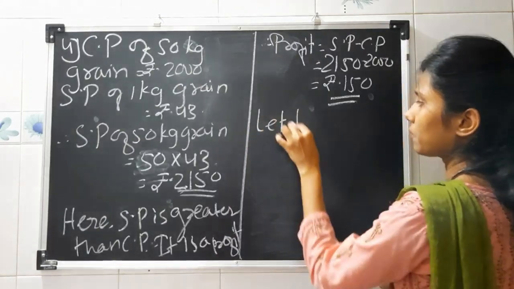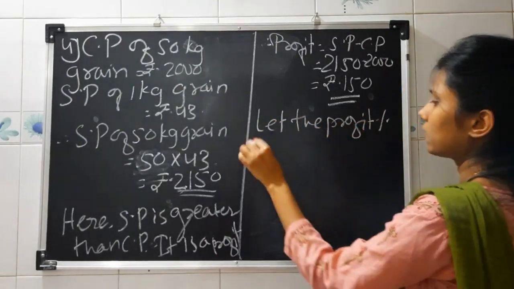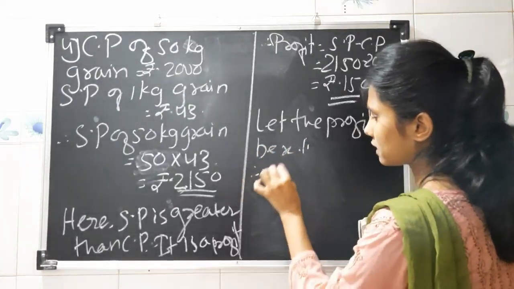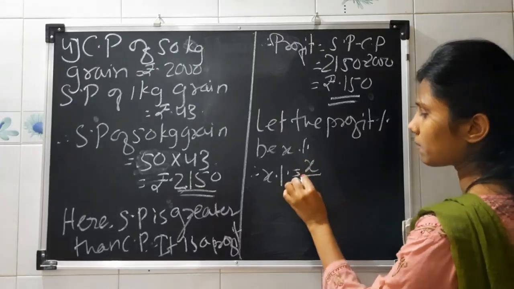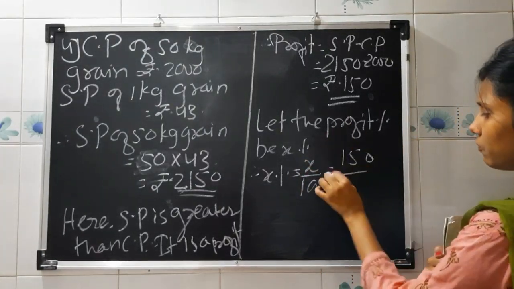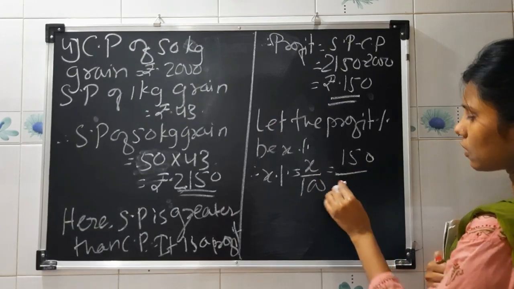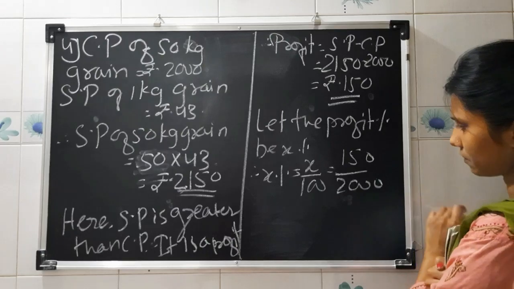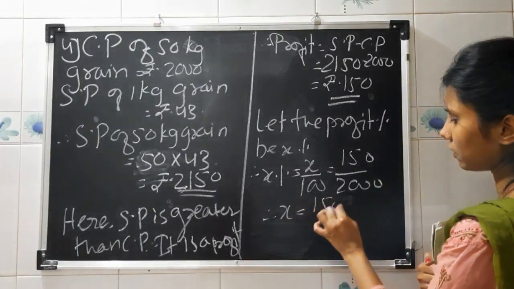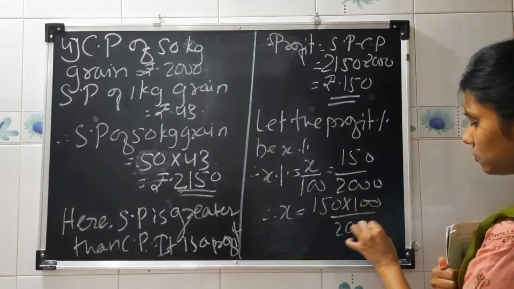So let the profit percent be X%. Therefore X% is equal to X upon 100 is equal to profit 150 upon cost price. It is always calculated on cost price. Cost price is 2000. Therefore X is equal to cross multiplication, 150 multiplied by 100 upon 2000. 0 gone.